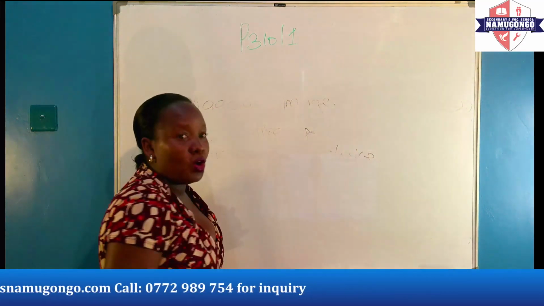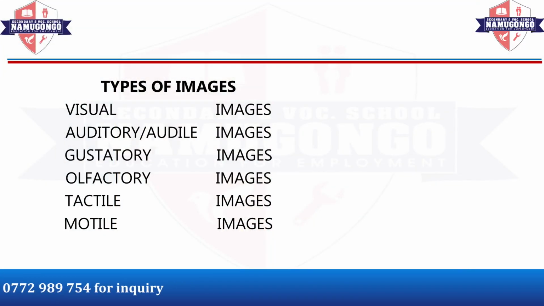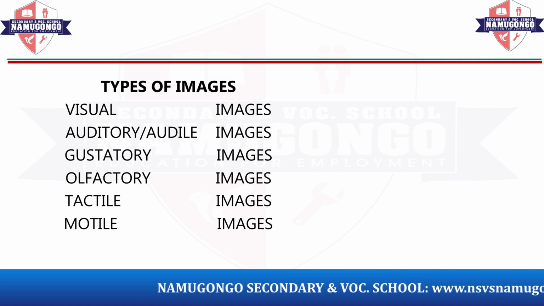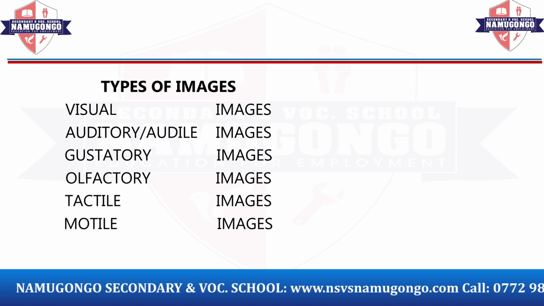Number 1, or what is the most common, is the visual image. As you can see on your screen, these are the types of images, okay? We have the visual images. Now, the word is no longer imagery. So, the words become images.